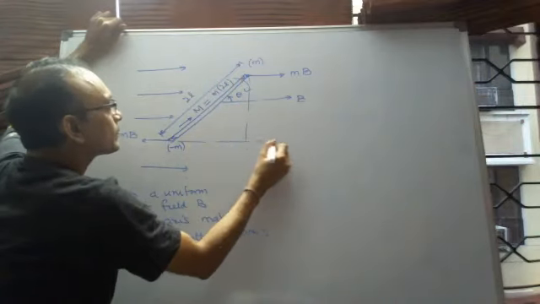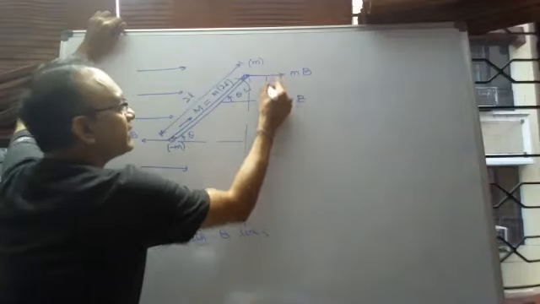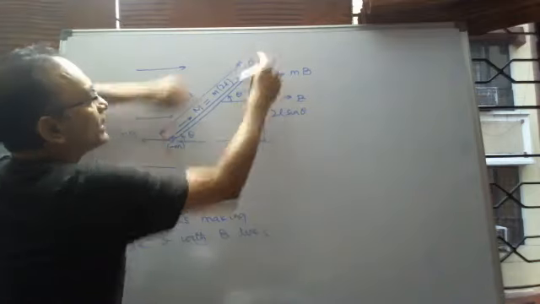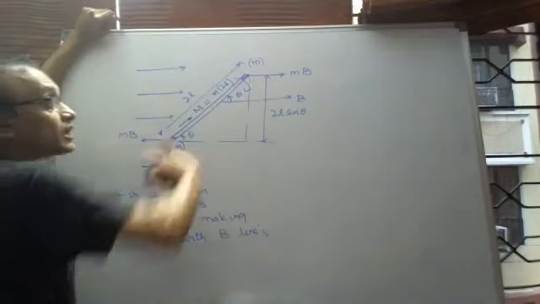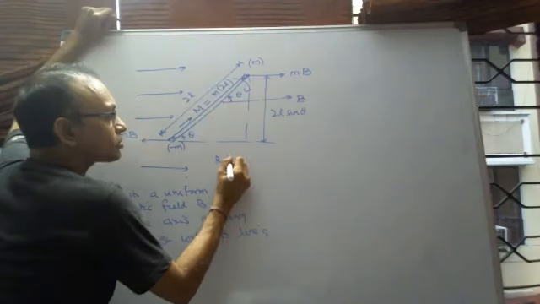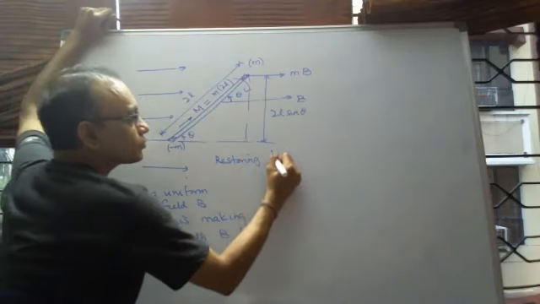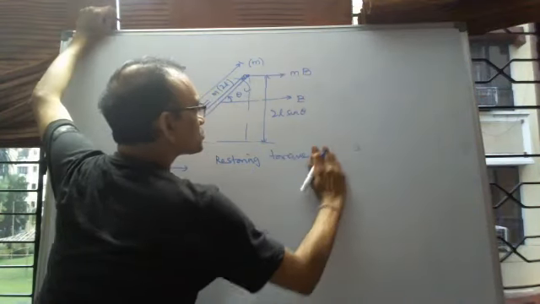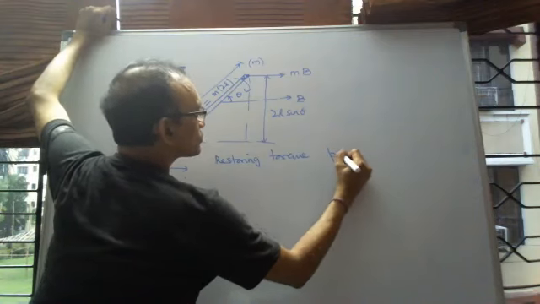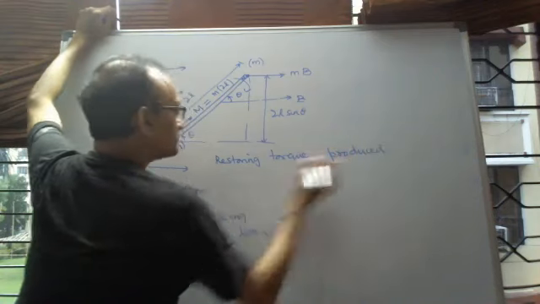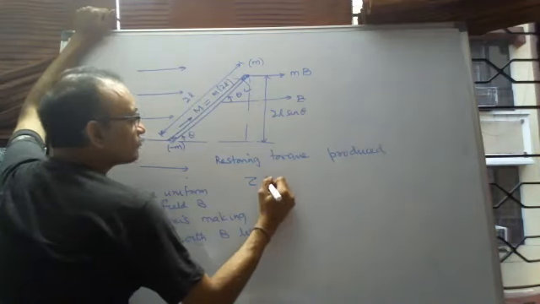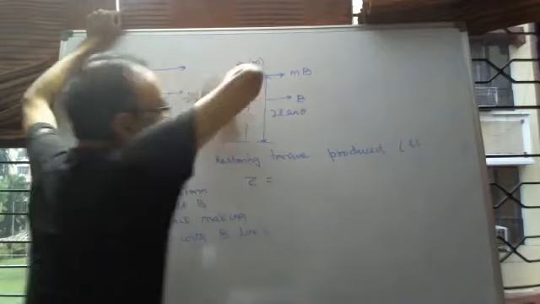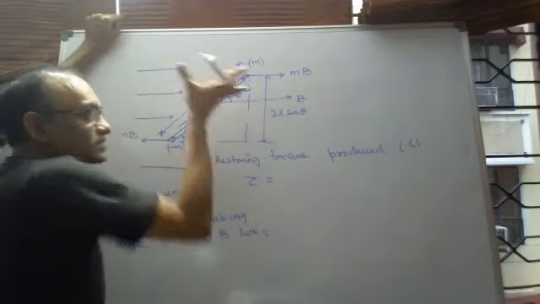ये angle theta है, तो ये length देखो 2L sin theta होगा, होगा ना, ये 2L है तो ये 2L sin theta होगा. The couple produces a restoring torque, tau, of magnitude, in this case clockwise. इस केस में clockwise produce हो रहा है, ये MB ऐसे rotate करेगा इसको.